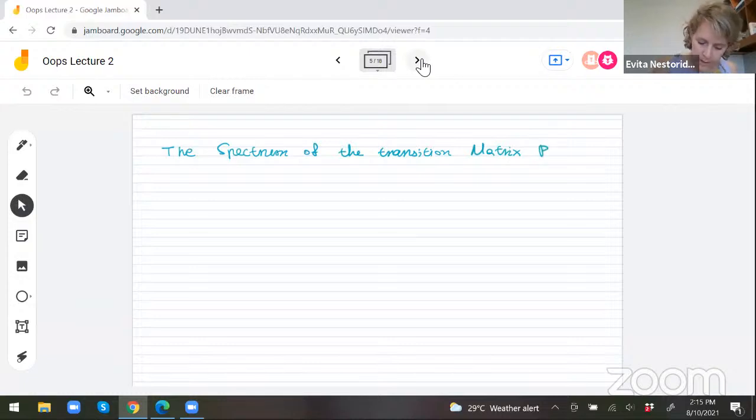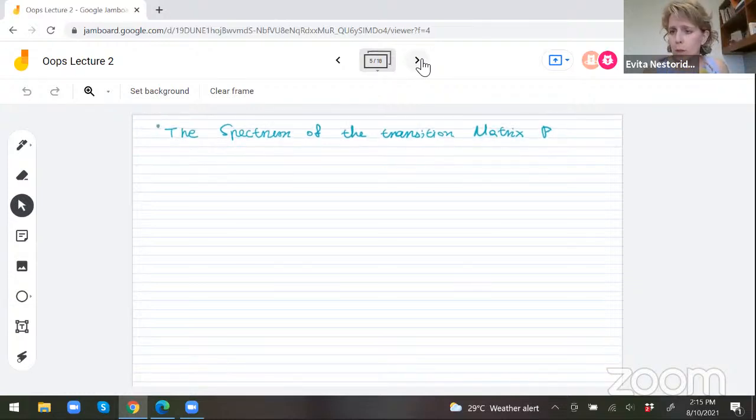And I'm going to break a very important lemma into two. Everything I'm going to write now can be found, say, in Levin, Peres, Wilmer. That's the standard book on Markov chains, and many other Markov chain textbooks. So again, let this pair be a reversible Markov chain.